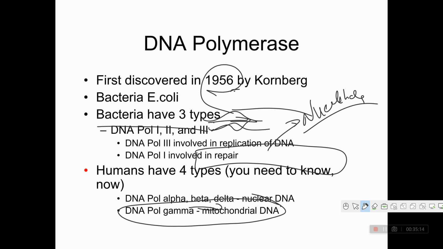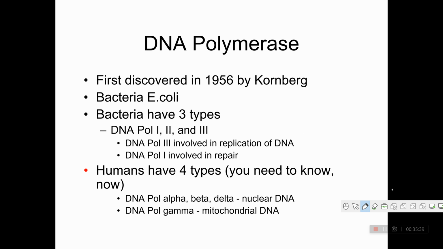Remember, a question will always be asked: in mitochondria, which DNA pol is required for replication? They give options alpha, beta, delta, gamma. The right option is gamma, right? Don't confuse it. Gamma is not used elsewhere except mitochondria. Okay, remember this.